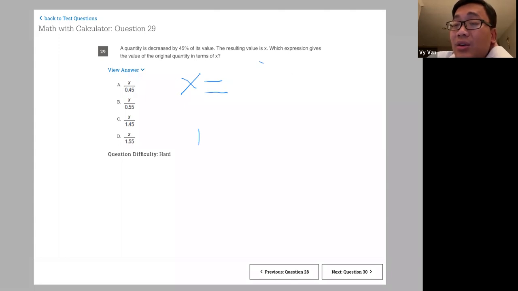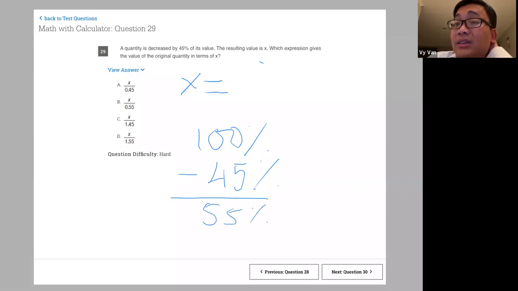You always start out with 100%. If you decrease by 45%, what does that mean? It will be 100% minus 45, and that's 55%. So x is actually 55% of the original value.